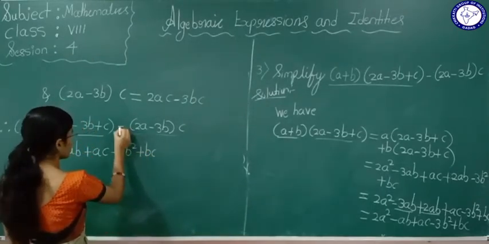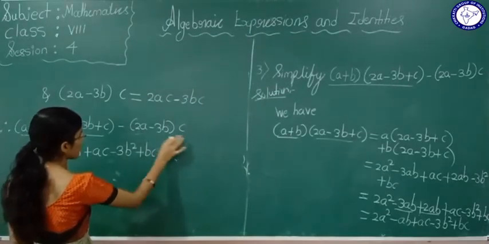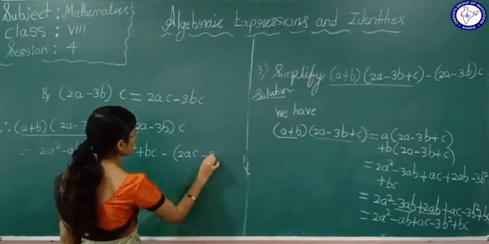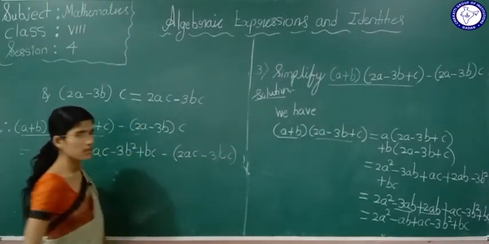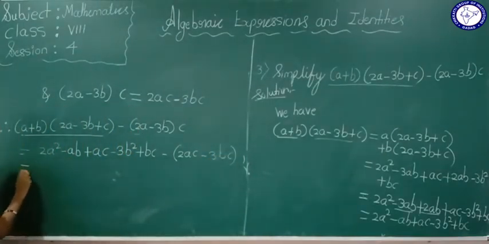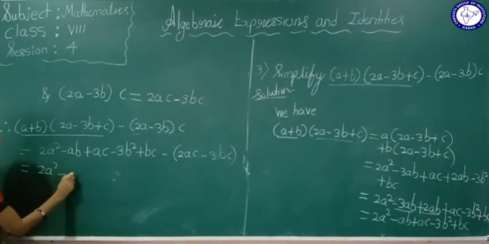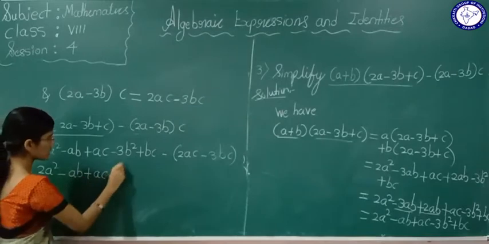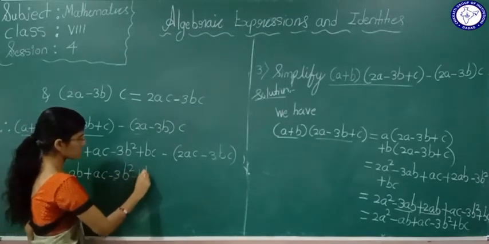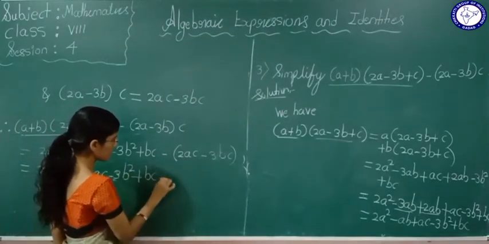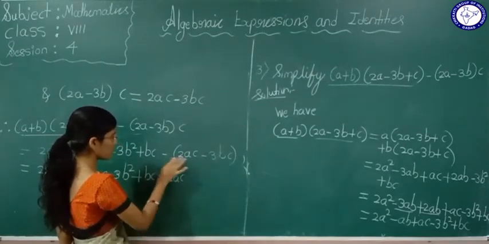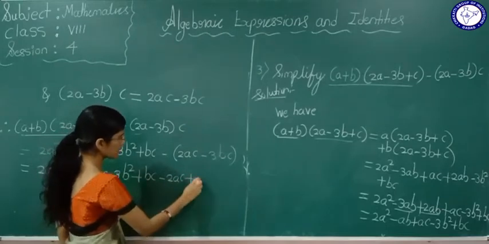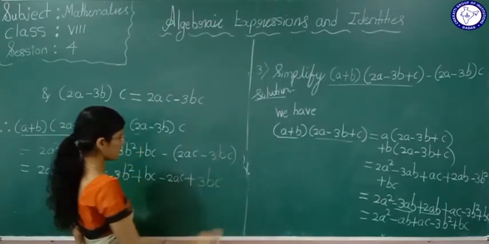Here minus is a minus, this part we have simplified. What did we get as the answer? 2ac minus 3bc. Okay, now we will simplify this. 2a square minus ab plus ac minus 3b square plus bc, it will become minus 2ac, we will remove the bracket, minus minus is plus 3bc.